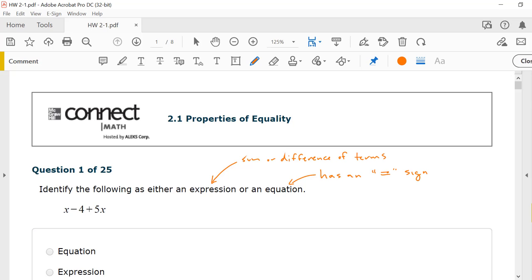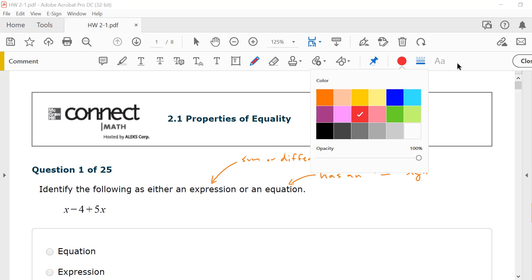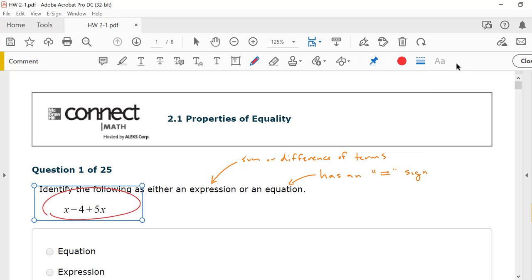So if you see an equal sign, it's an equation. If you don't see an equal sign, it's an expression. So number one here says x minus 4 plus 5x. There is no equal sign, so that is an expression.